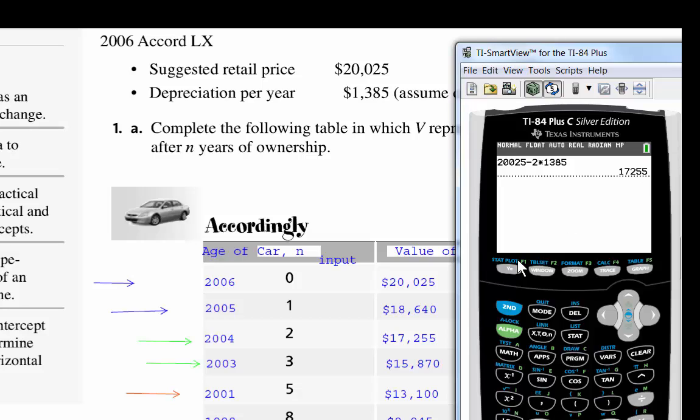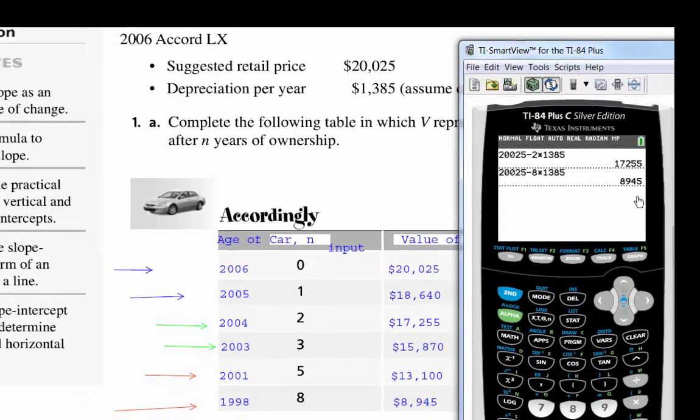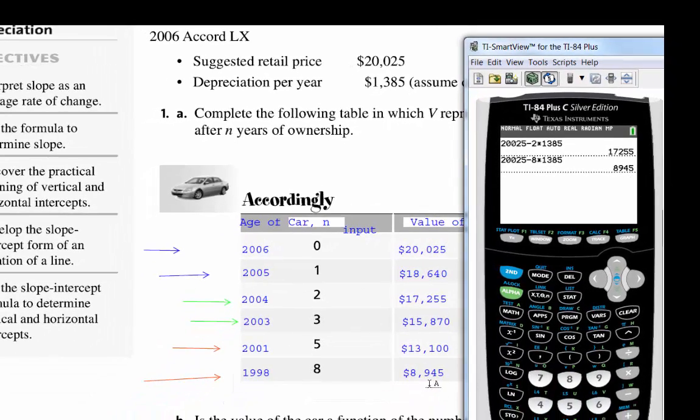So you see I have $17,255 for a 2-year-old car. And for a car that was 8 years old, we would take our initial value and subtract 8 years of depreciation. And you see we're left with $8,945.